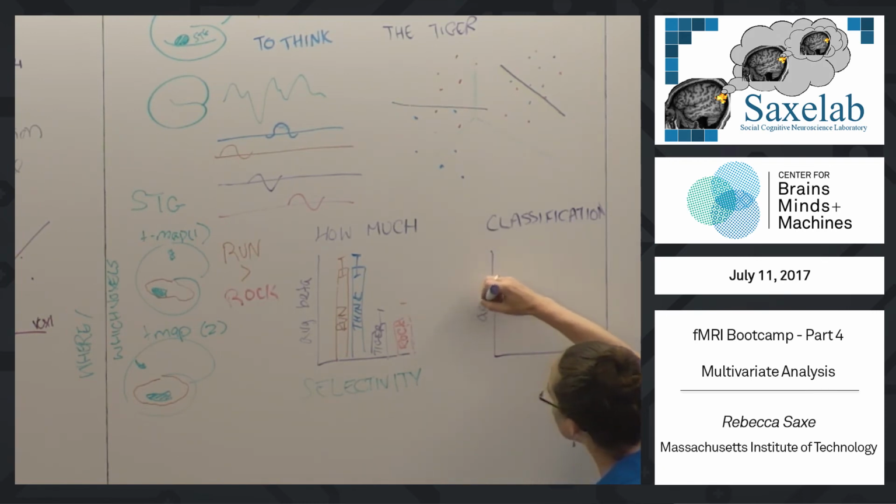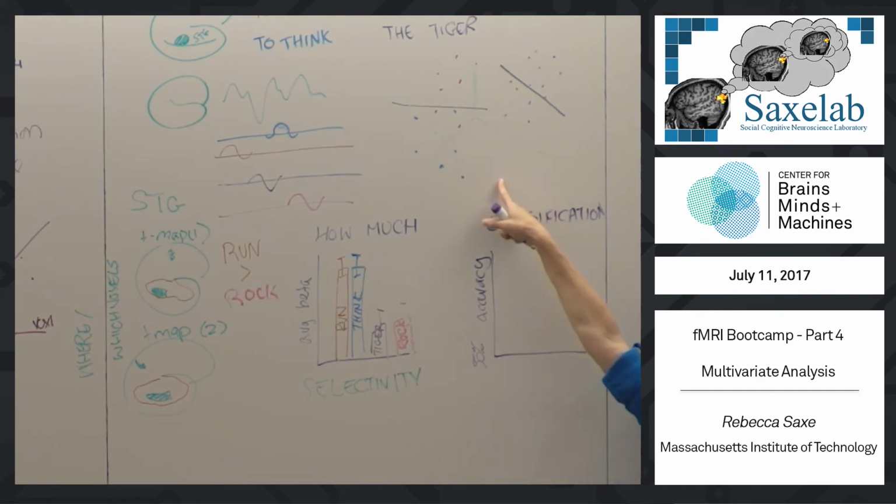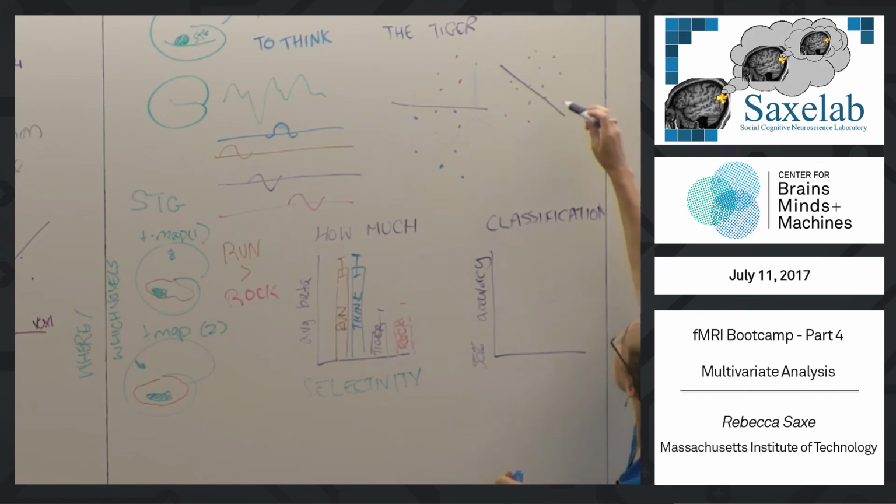Now you get accuracy, where chance is 50%, right? Because these are binary classifications. So I give it 1 new beta, right, in multidimensional space, and I say, what condition do you think that beta came from? And it guesses.